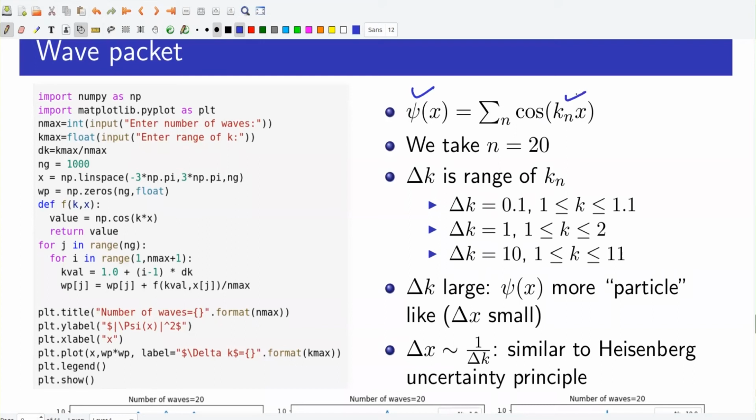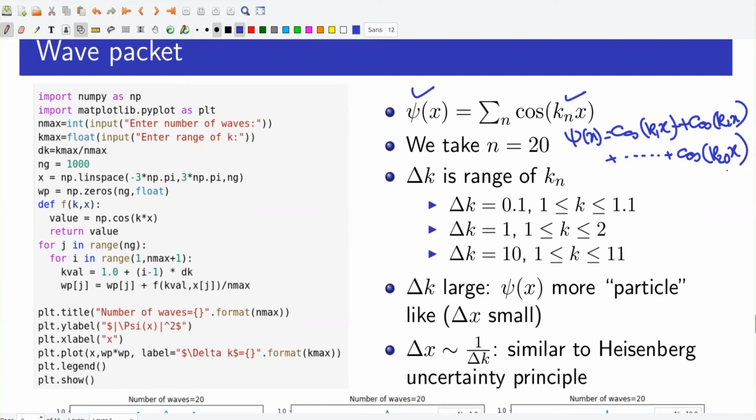We take n equal to 20, that is, we are going to calculate psi of x equals cos k1x plus cos k2x plus ... plus cos k20x.